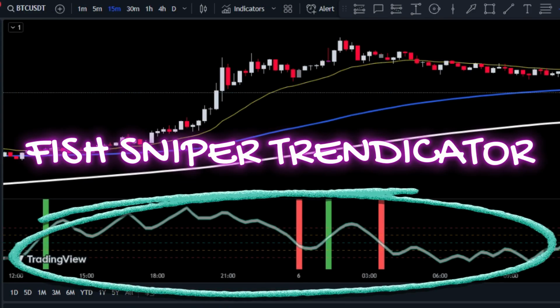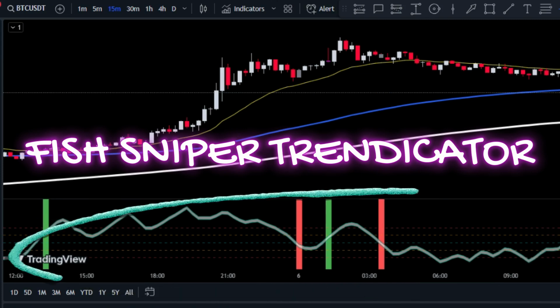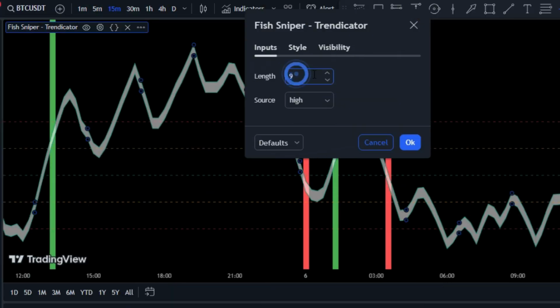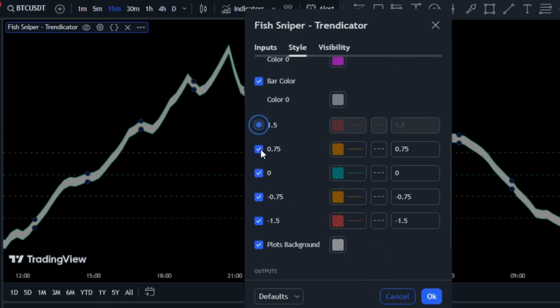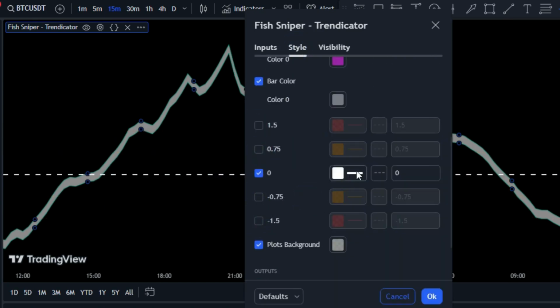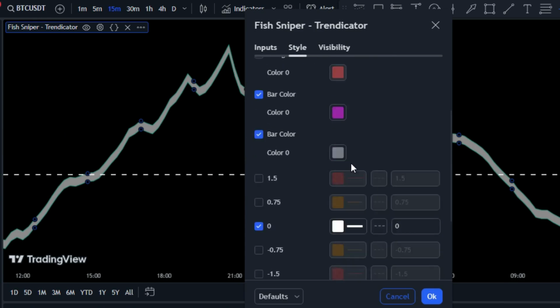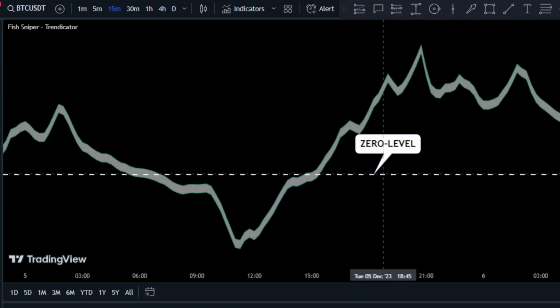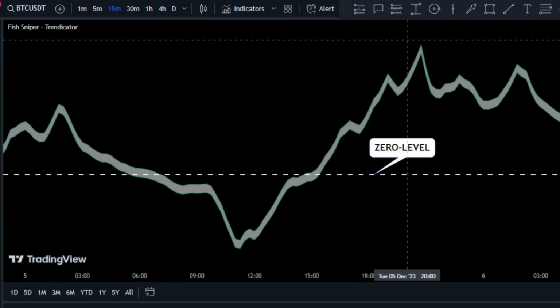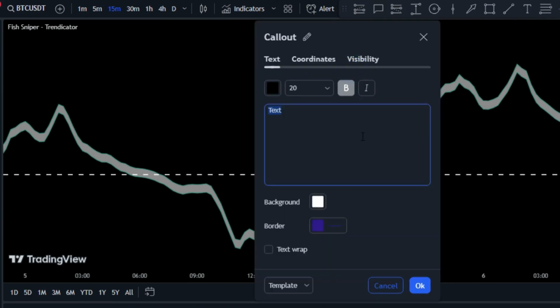After the fish sniper indicator is in place, we'll need to fine-tune a few settings. This particular oscillator, with swings above and below the zero line, serves as a tool to either validate or refute the signal generated by our strategy.